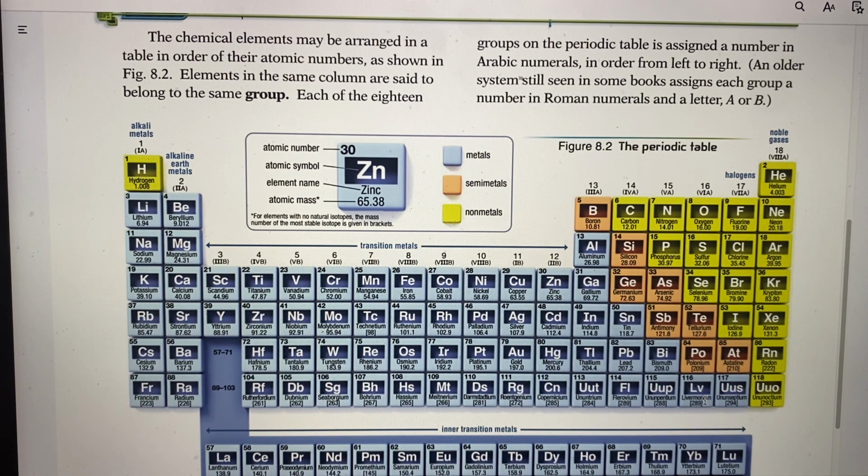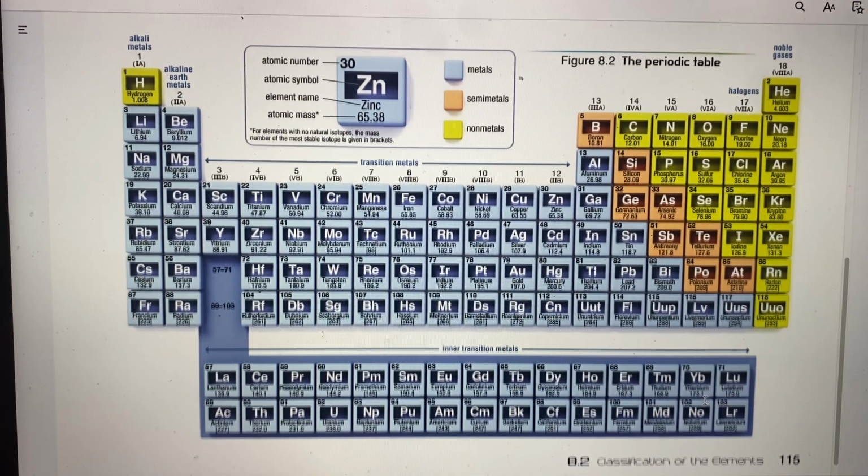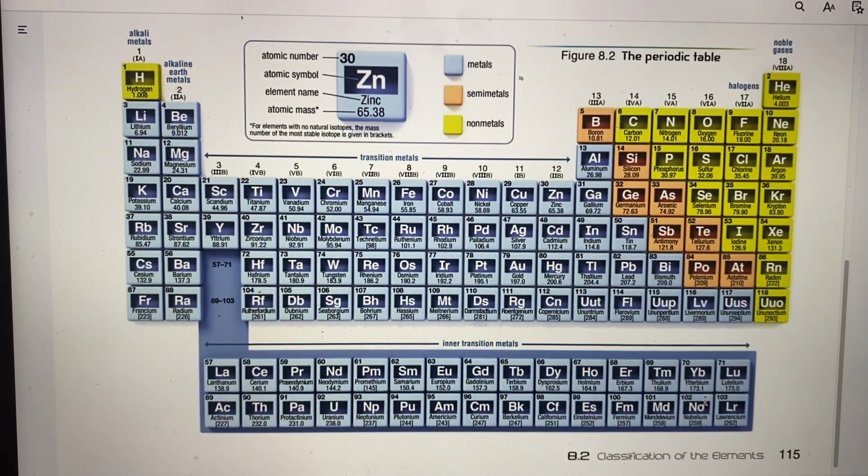At first, we looked at some general classifications of these, and some of them, of course, were metals, and some were semi-metals, and they had both characteristics, and some were non-metals. The yellow ones here are non-metals. The blue ones here are metals, right? Let me put this up so you can see the bottom too. There we go. So what do you call a metal?